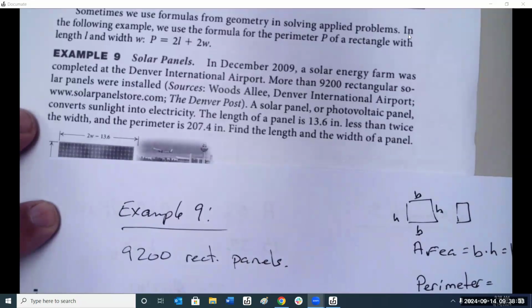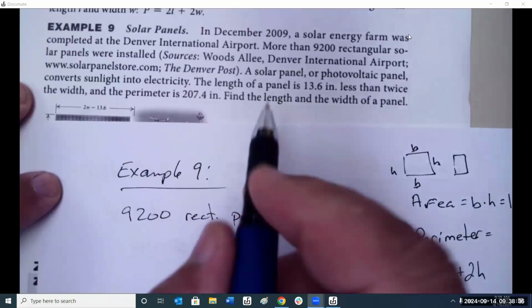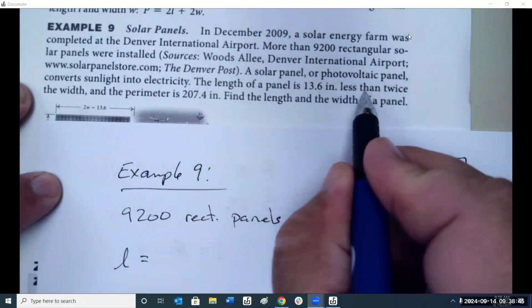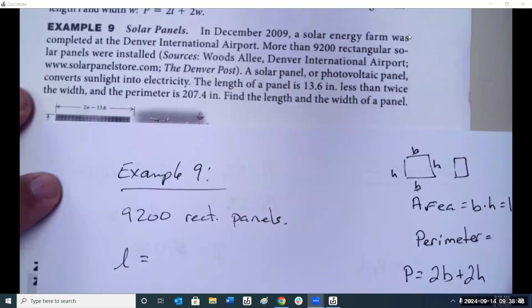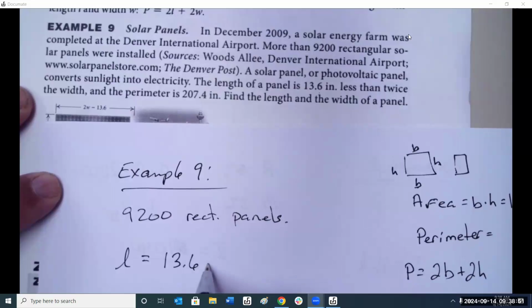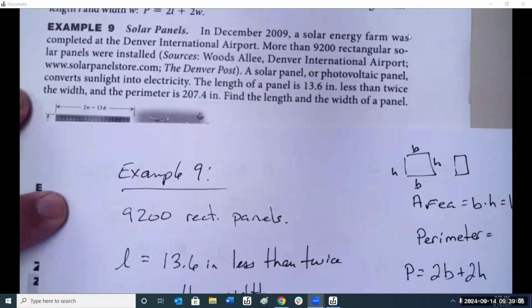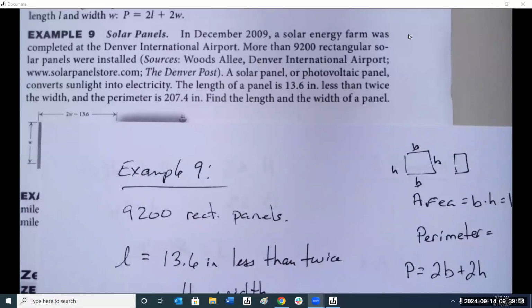A solar panel, the length, says the length L, the word is means equals, 13.6 inches less than twice the width. And it tells us that the perimeter is 207.4 inches. Find the dimensions.